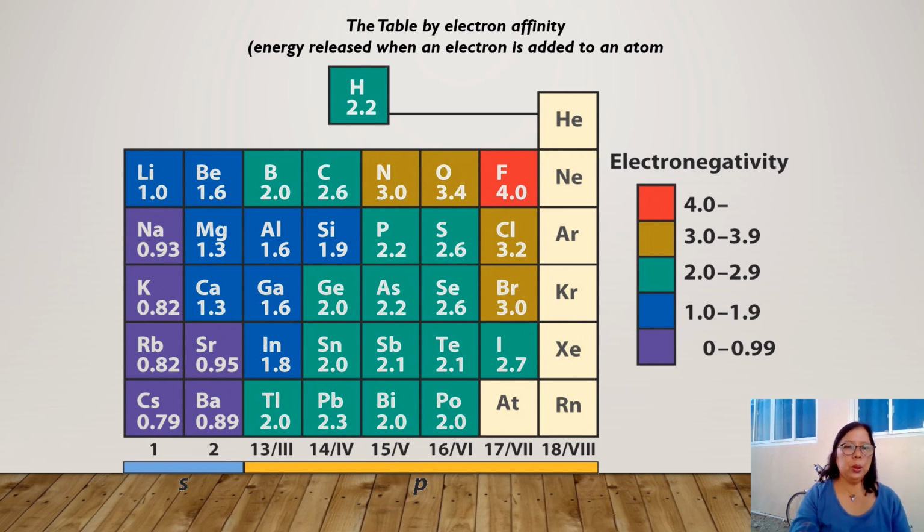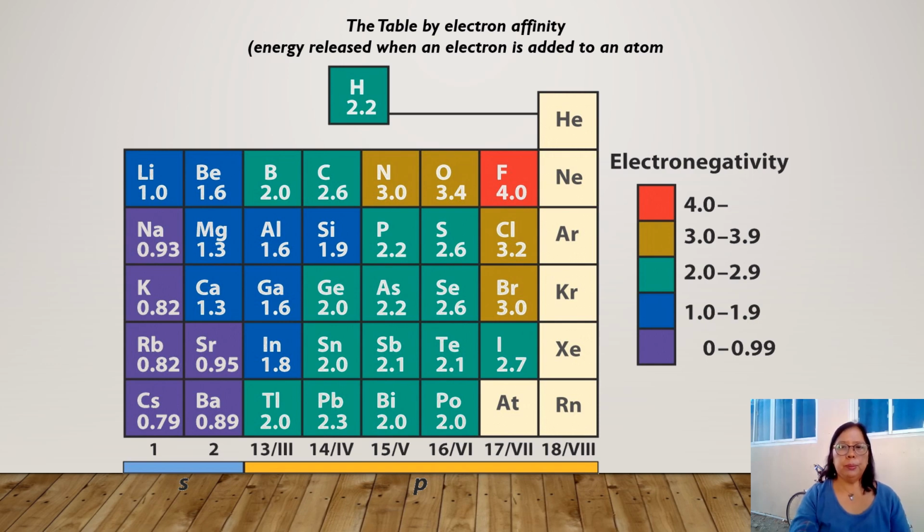Lithium has an electronegativity of 1 only, but compared with the remaining elements, it has 0.99 or lower than 1.